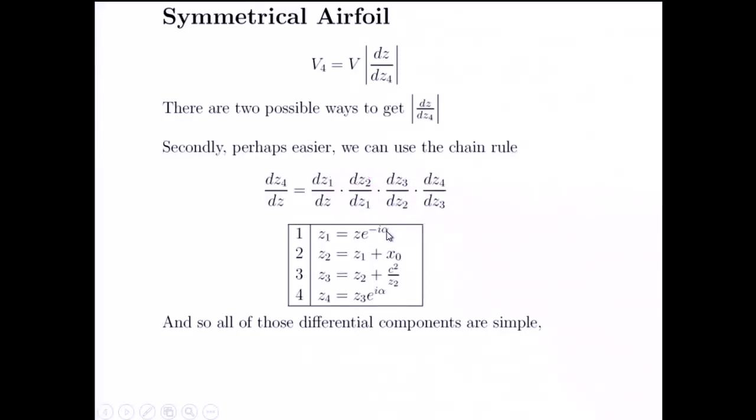Now it makes sense to calculate these terms individually. dz1/dz is just the derivative of the first equation, which gives you e to the power of minus i alpha. And dz2/dz1 is just the derivative of equation 2, which is just 1. And the same for the other two.